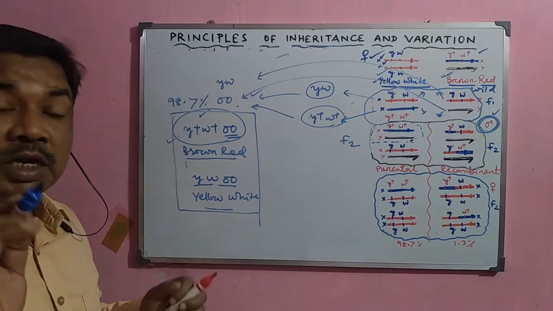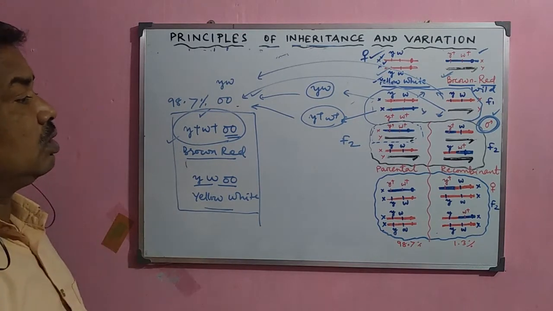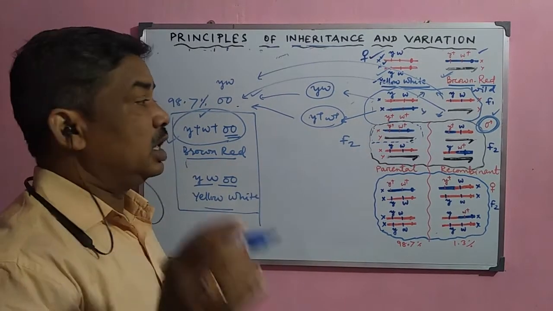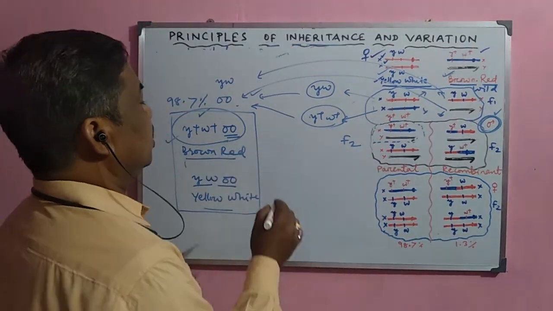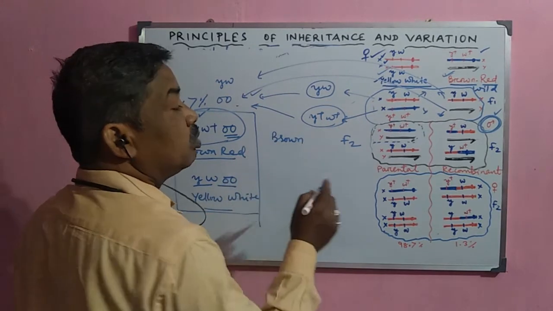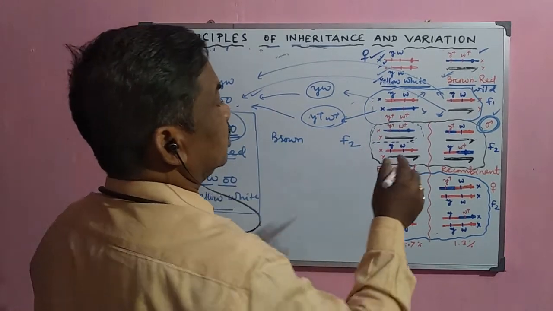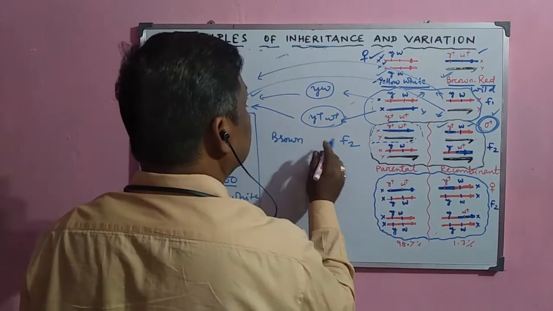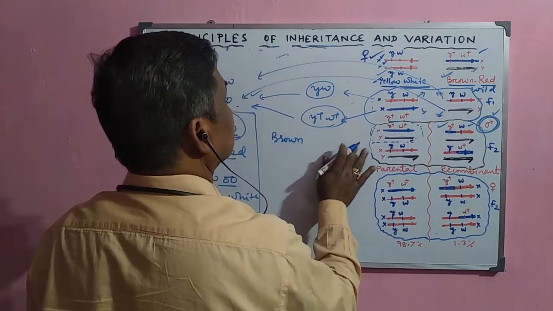But in addition to this, he also observed some new combinations in the F2 generation, and two types of males are found. He found that some have brown body color and white eye color in the F2 generation.